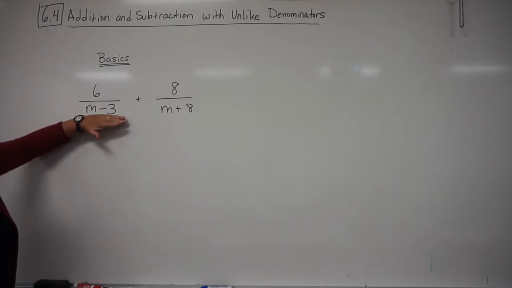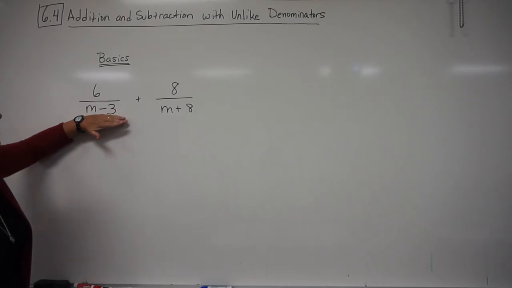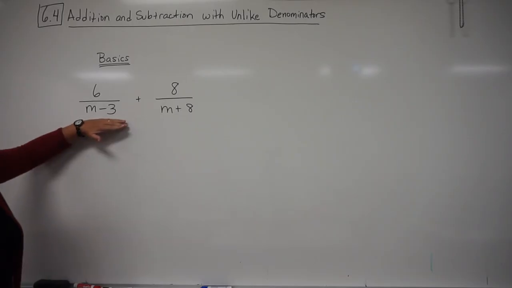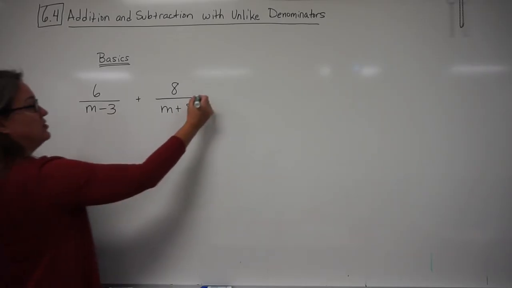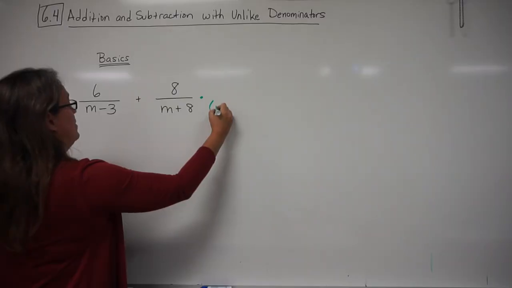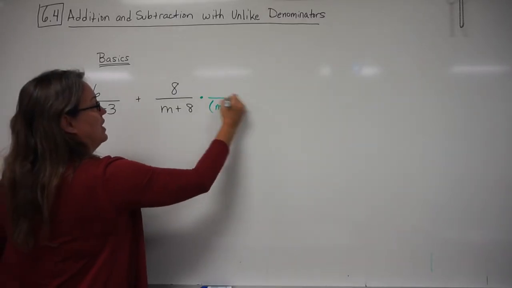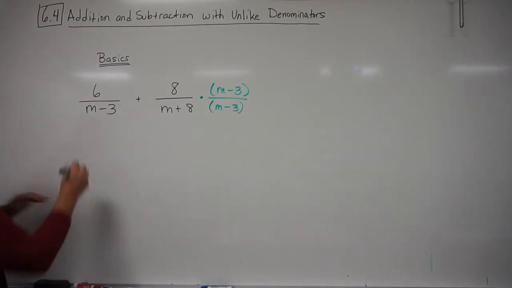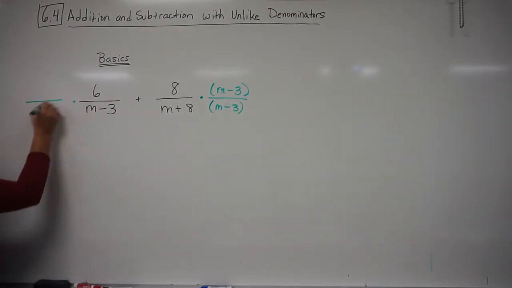For instance, I can't multiply this one by anything at all reasonable to turn it into this, and vice versa. So here, this is going to be like our very first example where we had 3/4 and 2/5. I'm just going to have to multiply the top and the bottom of each fraction by the denominator of the other fraction.